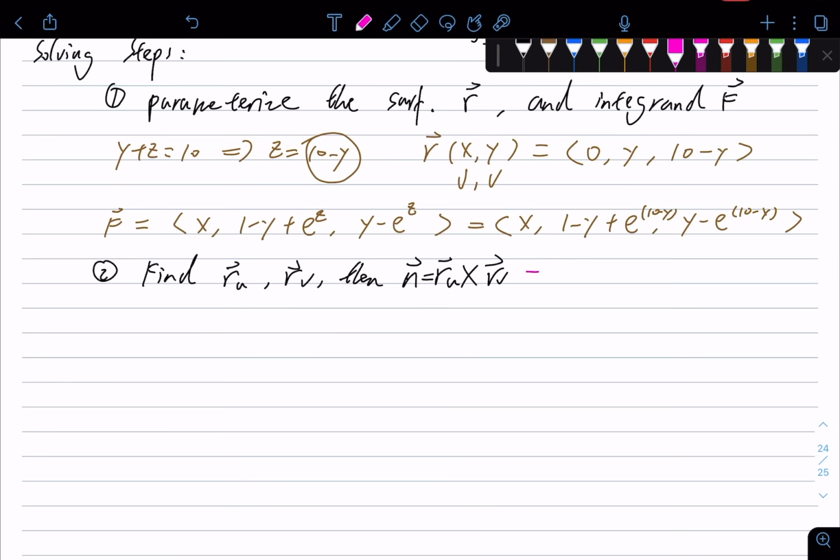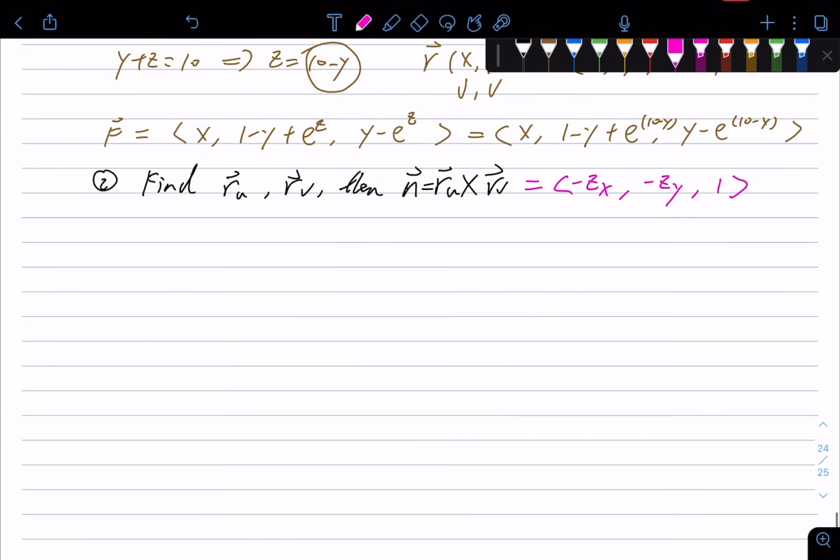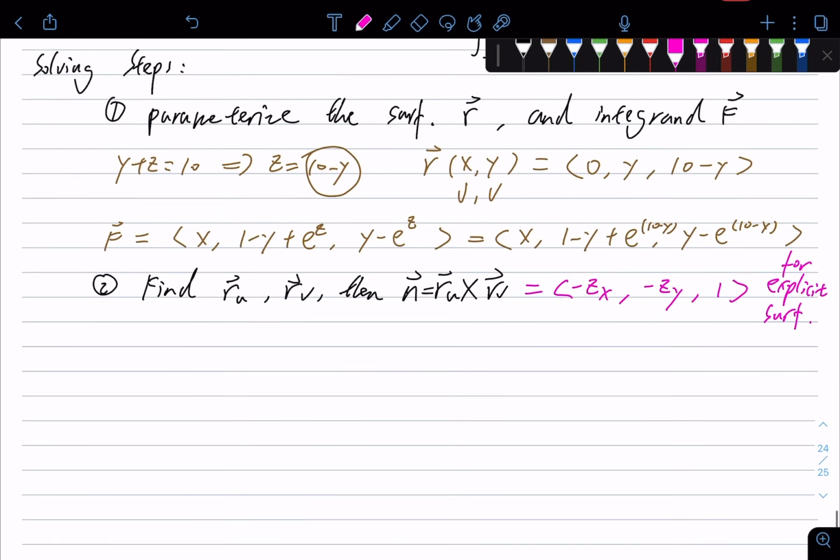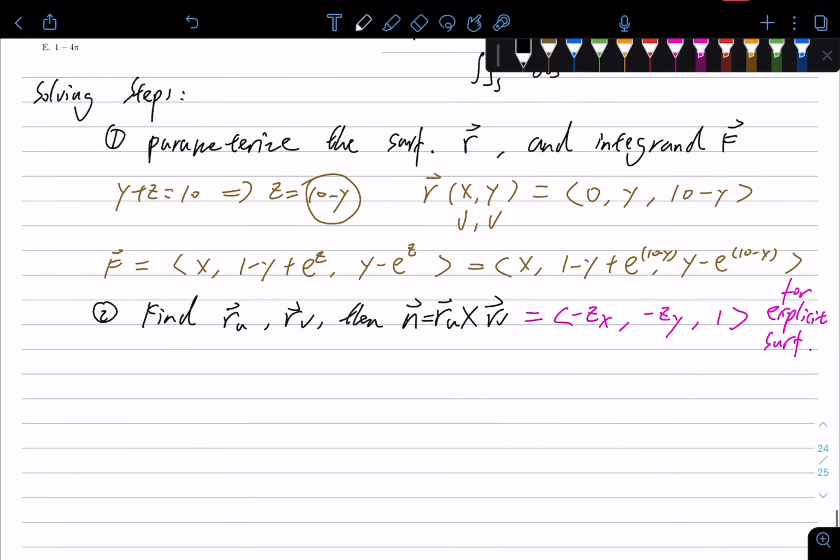What I mean by that is this equals negative z_x, z with respect to x, negative z with respect to y, and then 1. It's always this way for an explicit surface. So by inspecting z equals 10 minus y, we can conclude that z_x equals 0, z_y equals negative 1. Therefore, the normal vector equals 0, 1, 1. Okay?